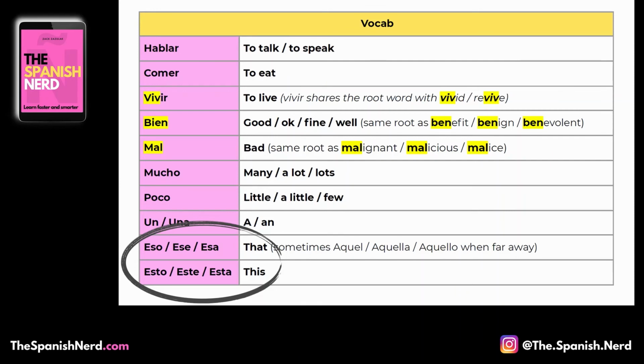But remember, that's a little bit of fluff. That's stuff that your ear is going to learn. Your brain is wonderful. It's magnificent. It is one of the most amazing things on this earth. Your brain will absorb that as you hear Spanish. So don't get caught up worrying too much about it. Just make some memory aids to remember how to say that and this in Spanish, and stick to the one with the O for now. And as time goes on, little by little, just don't forget about this, okay? Just be cognizant of it. Be aware of it, okay?